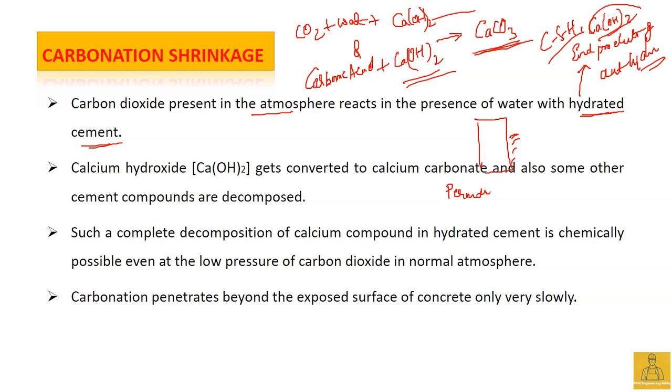So that implies that if the color is pink, it has free Ca(OH)2, meaning no carbonation has happened in that particular region. If the color did not change, then that surface has already reacted with the carbon dioxide. This is how we find out the extent of carbonation.